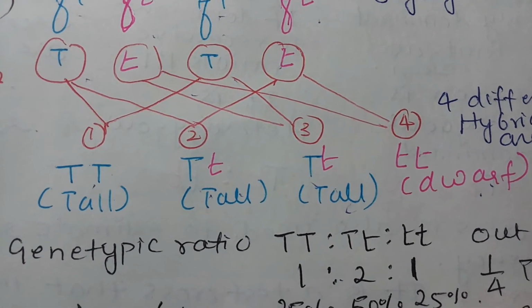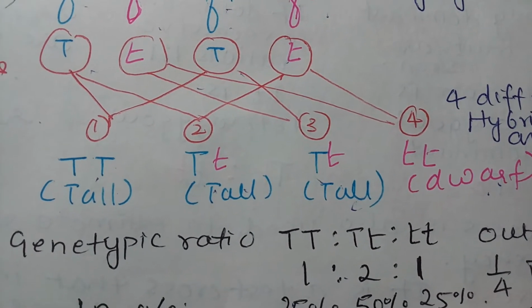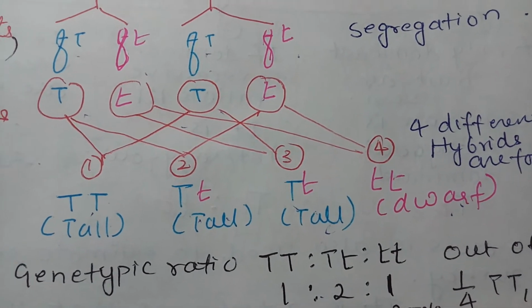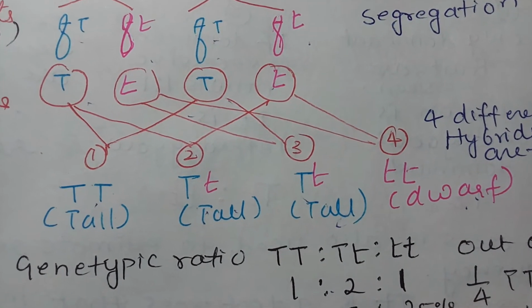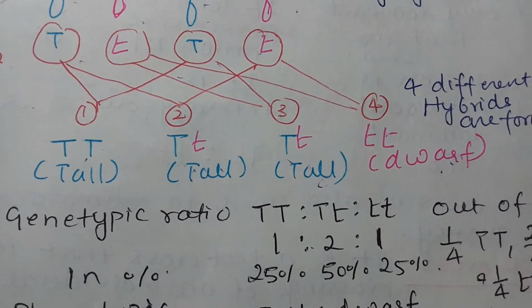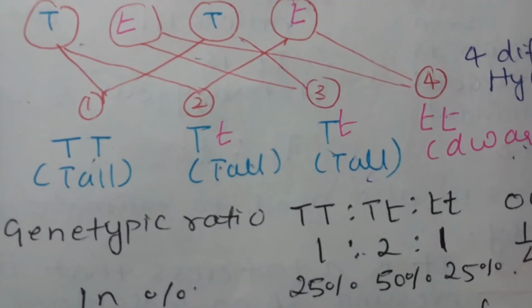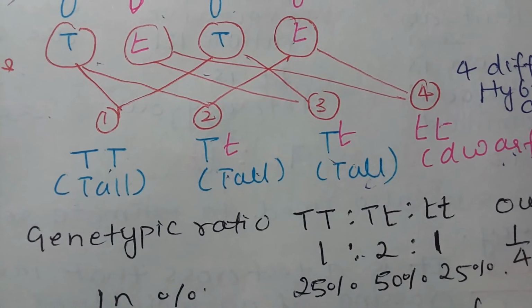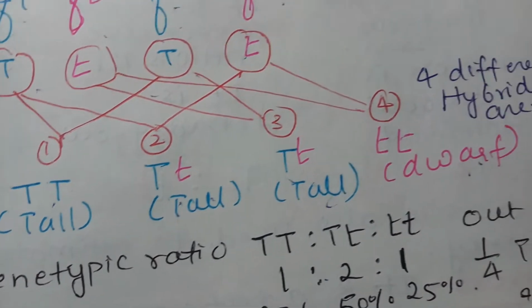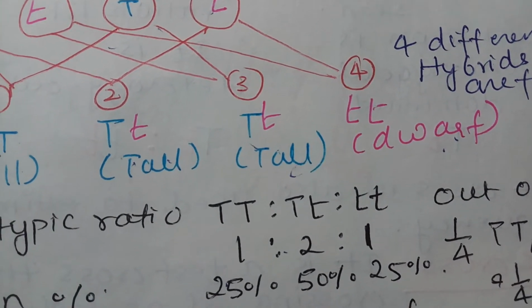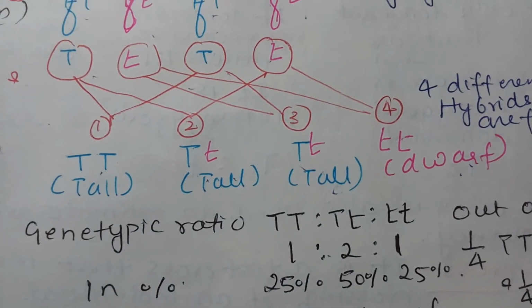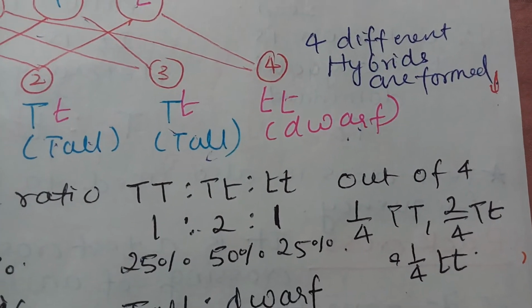If you look at the ratio out of 4, these are 4 types of hybrid. They are not the number of hybrids, they are 4 different types, which represent the probability of formation of hybrids. Out of 4, 1 will be tall, 2 will be heterozygous tall, and 1 will be dwarf.